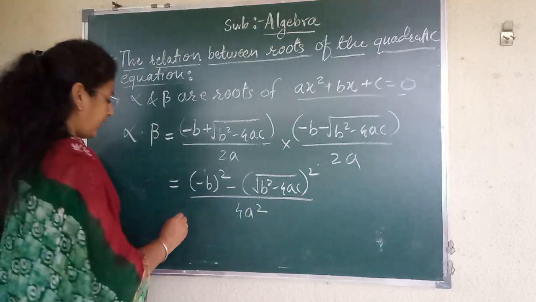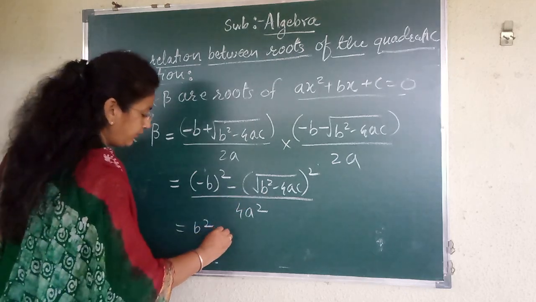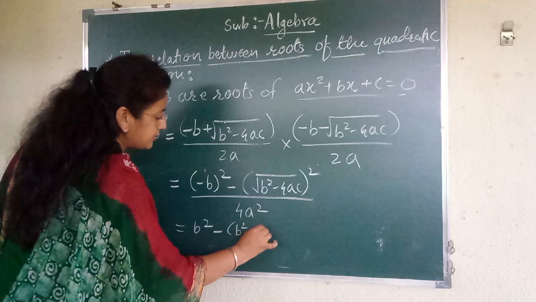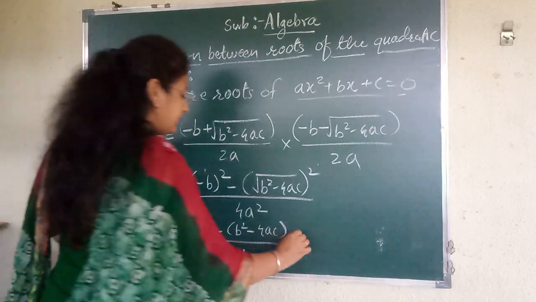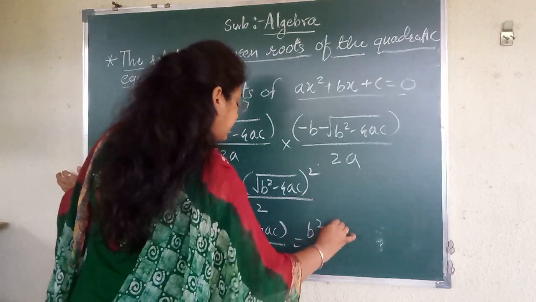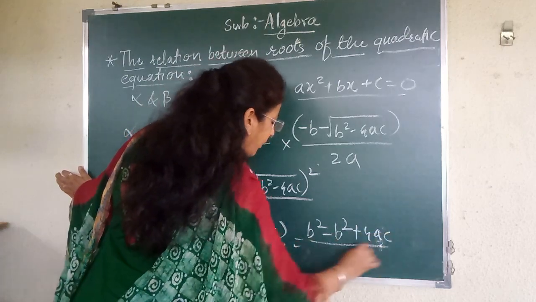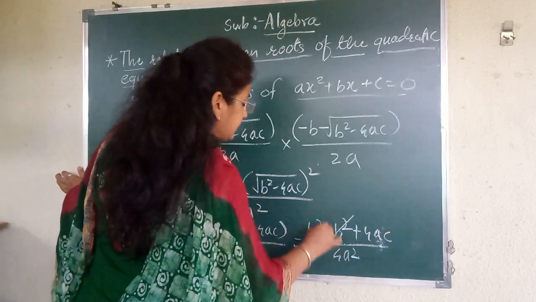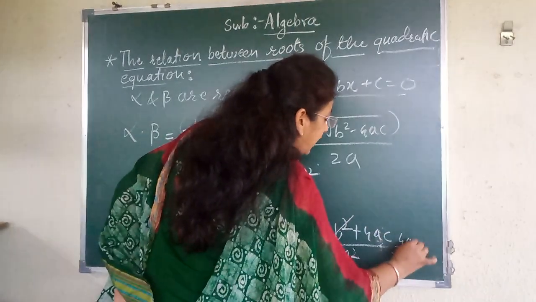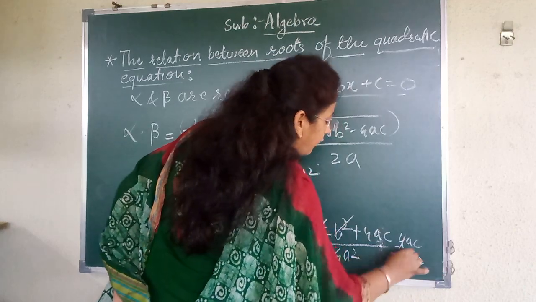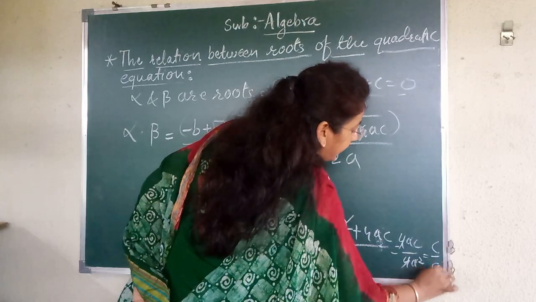Now negative b whole square is b², and the root sign will go, so minus (b² minus 4ac) upon 4a². Therefore b² minus b² plus 4ac upon 4a². The b² will get cancelled. 4ac upon 4a²: the 4 will get cancelled, one a will get cancelled here, and we get c upon a.